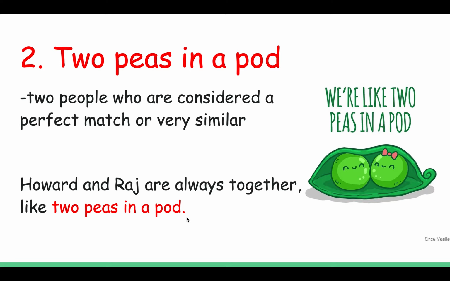When you are always together with your boyfriend, girlfriend or best friend, usually you kind of look the same as the days go on. So people would say they're like two peas in a pod. You look almost exactly the same, or you're a perfect match. You have almost the same qualities as one another.